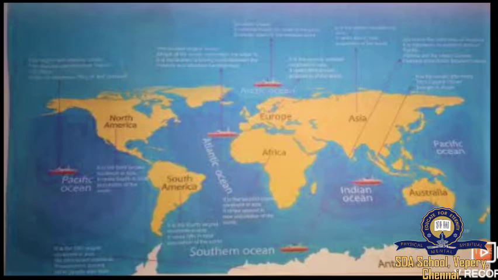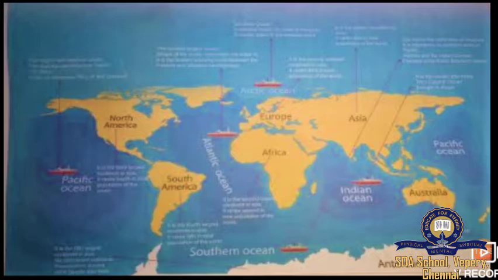In the left end we have Pacific Ocean, in the middle you have Atlantic Ocean, down you have Southern Ocean, then at the right end you have Pacific Ocean, and in the middle you have Indian Ocean, and you have other continents scattered around the oceans. And you see the topmost you have the Arctic Ocean. So all the 5 oceans are here.